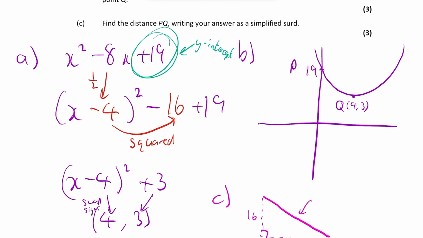So to find this length, we would do Pythagoras and do 16 squared and 4 squared and then root it. So that 16 squared is 256. Add 16 is 272. And to simplify that, what number's going into 272? It turns out it's 16 times 17. So that would be 4 root 17.